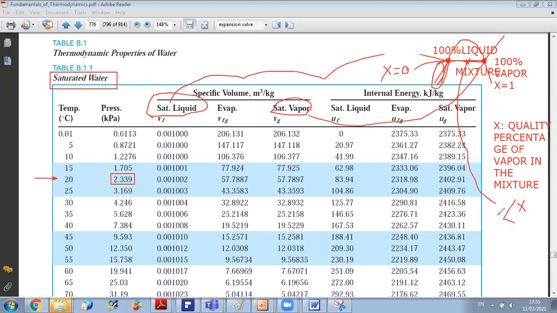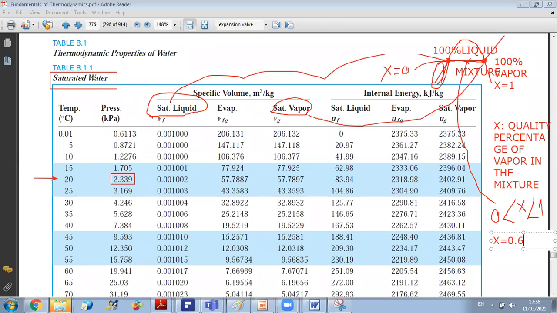Now, why is X very important? Because if I know the value of X, I can determine all properties at this point. For example, in this table I have the specific volume in meter cube per kilogram. Let's say you know X, for example X equals 0.6. If you know the quality of the mixture, you can determine all properties.